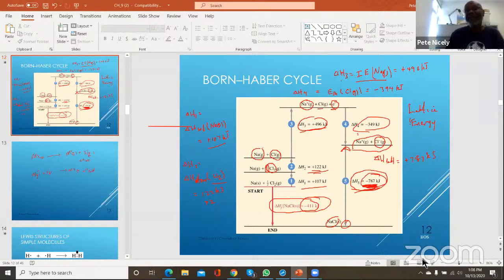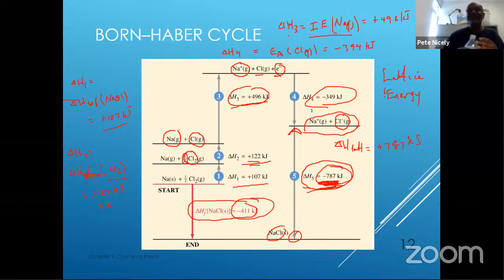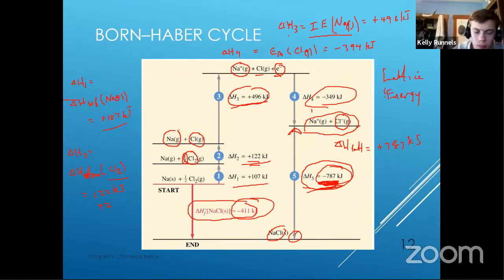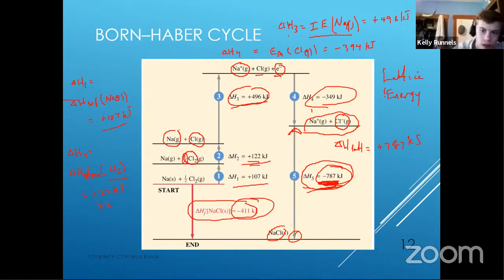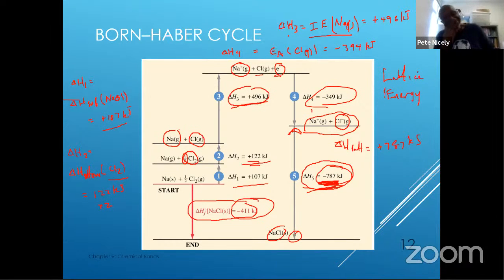Okay. Any questions about the Born-Haber cycle? Any questions? No, I don't think so. Oh, wait, if the lattice energy is negative... No, according to the definition that we just mentioned, the lattice energy is going to be positive.